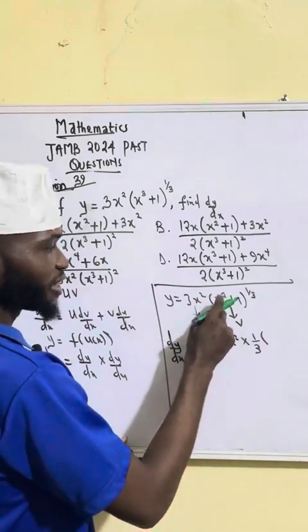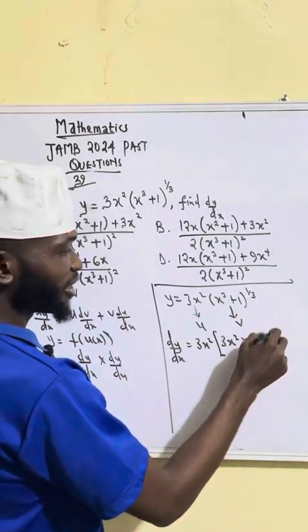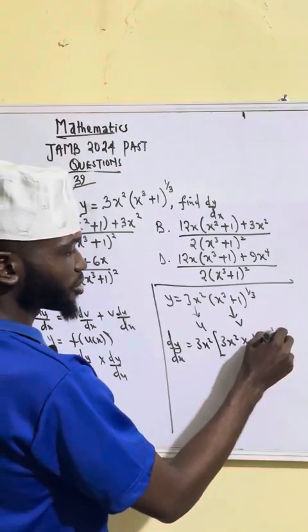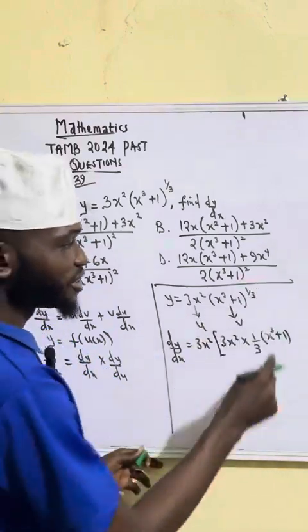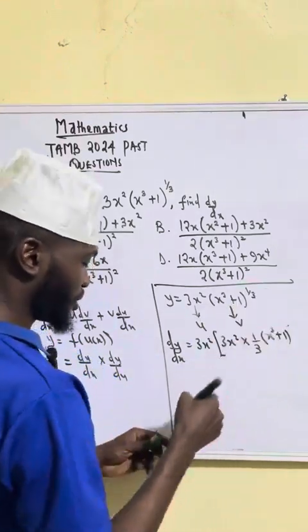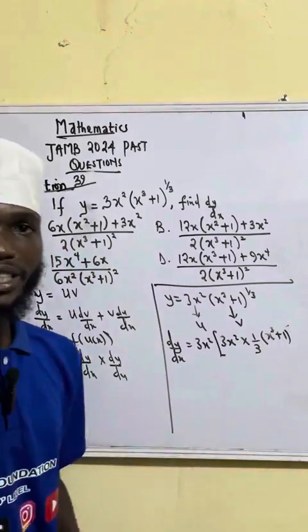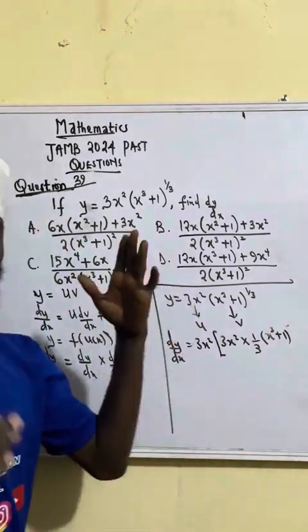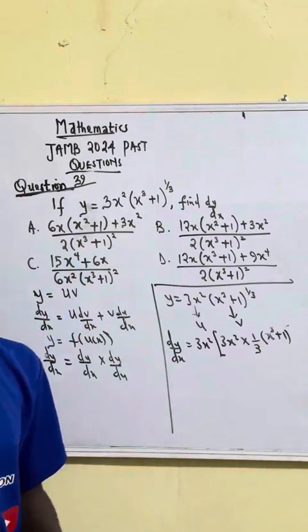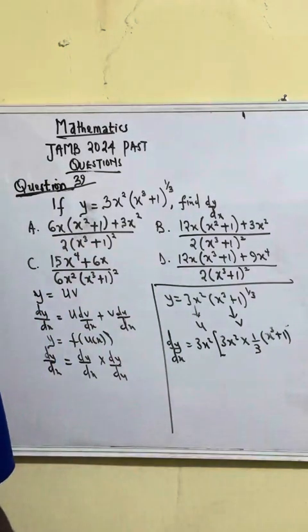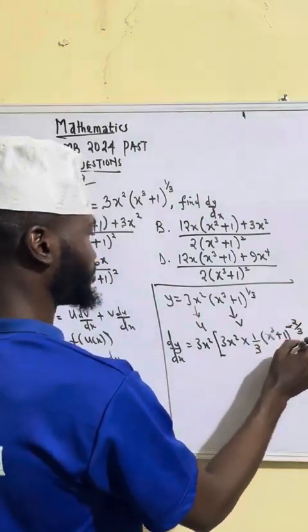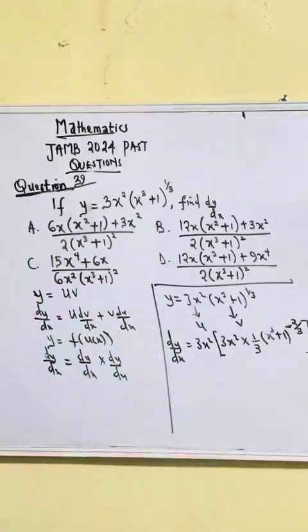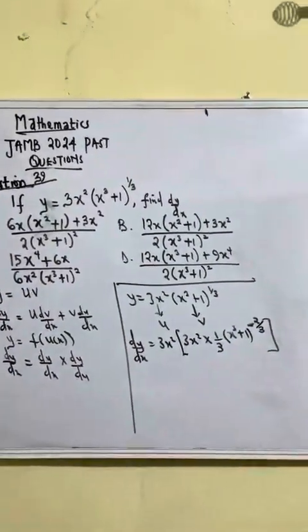Then multiply that by (x cubed plus 1) raised to the power of, subtract 1 from the original power. 1 over 3 minus 1 will give minus 2 over 3.